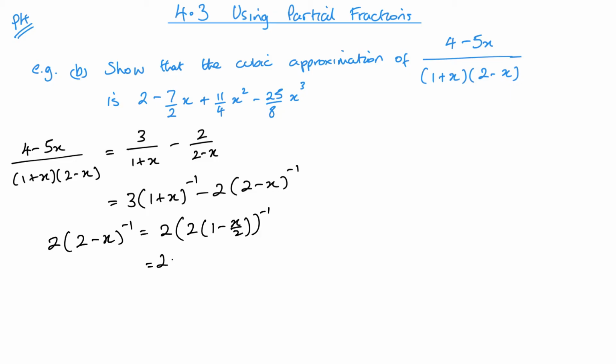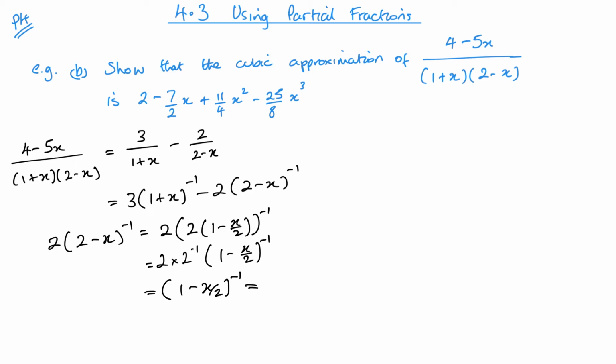So we end up with 2 times 2 to the minus 1 times (1 minus x over 2) to the minus 1. And 2 to the power minus 1 is a half, isn't it? So 2 times a half is just 1. So that does mean that all we're doing is this expansion, which is quite nice.